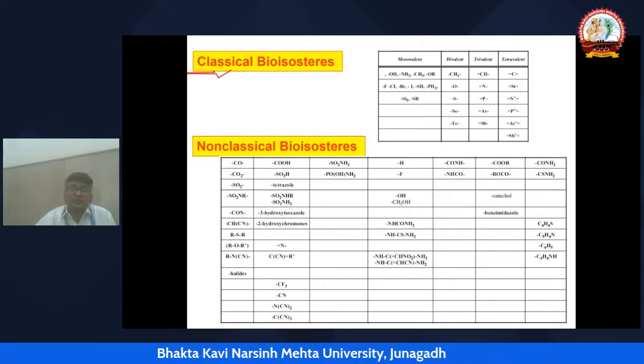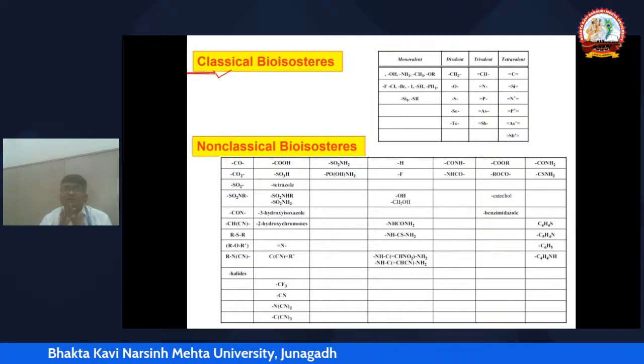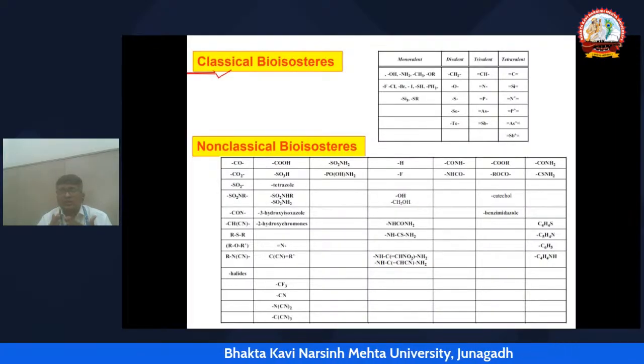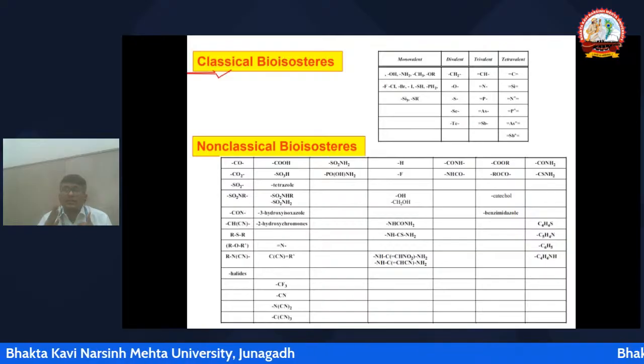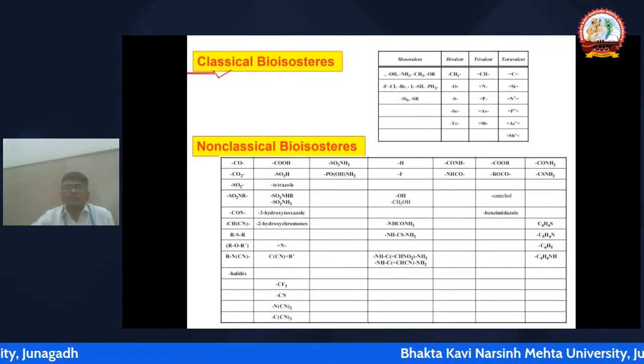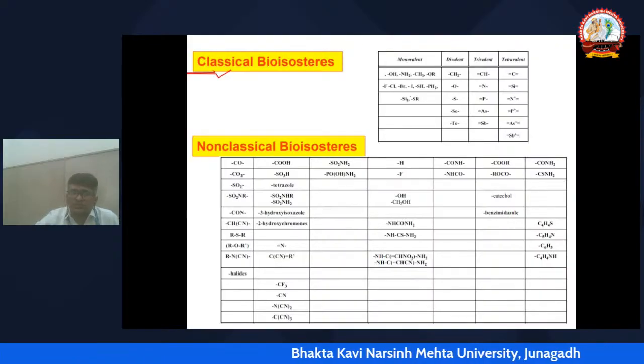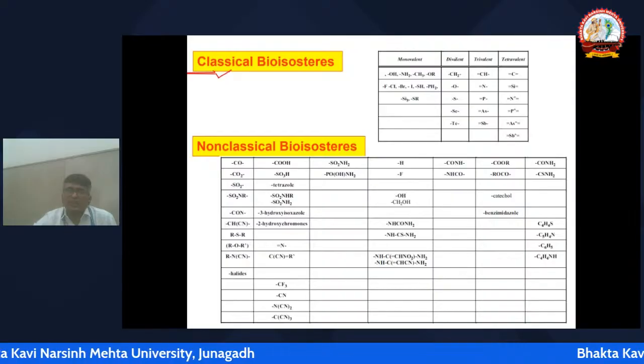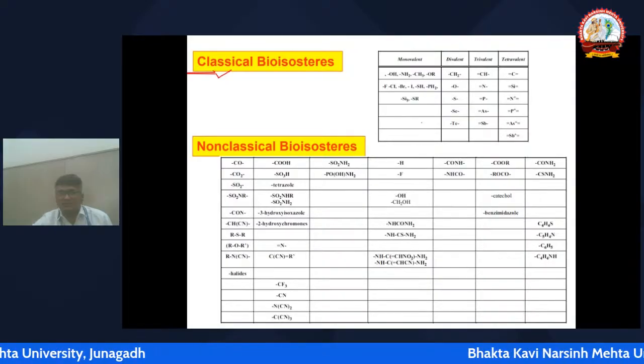So this is called the classical way of changing groups, known as classical bioisosteres. Classical bioisosteres are known for having almost the same electronic configuration in the outermost orbitals. So a monovalent atom can be changed to a monovalent atom, and a divalent atom can be changed to a divalent atom.